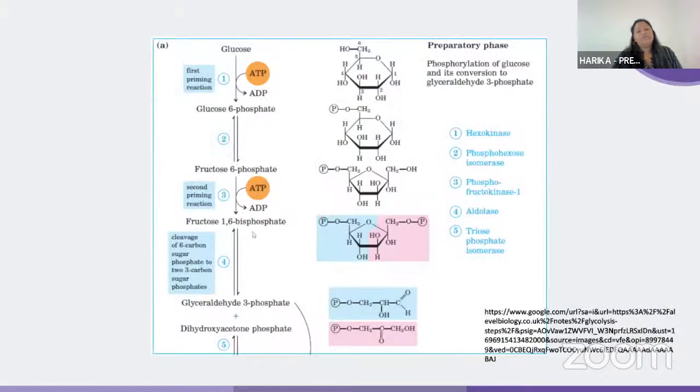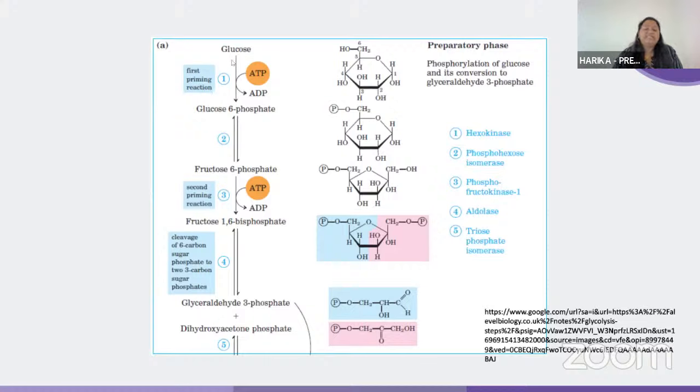Next step, fructose 1,6-biphosphate is converting into glyceraldehyde 3-phosphate in the presence of the aldolase enzyme. And here what happens is cleavage of the 6-carbon sugar phosphate to 3-carbon sugar phosphate.